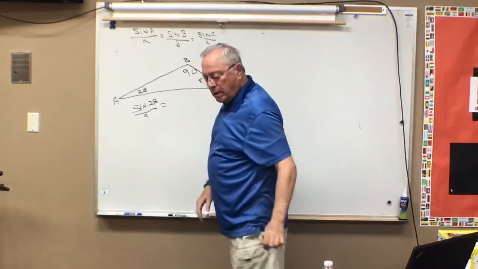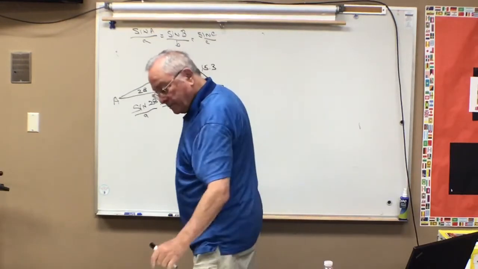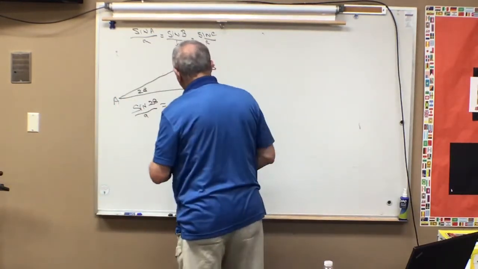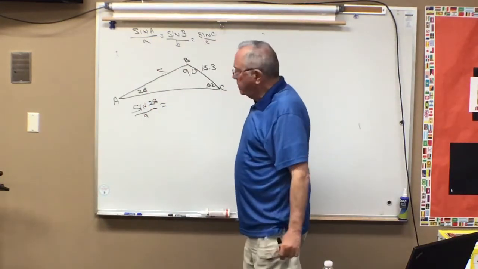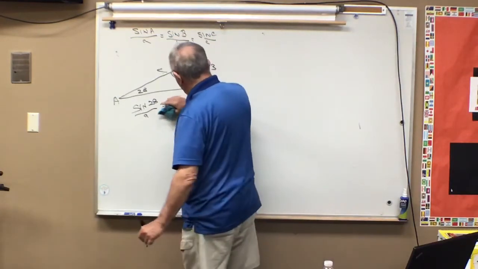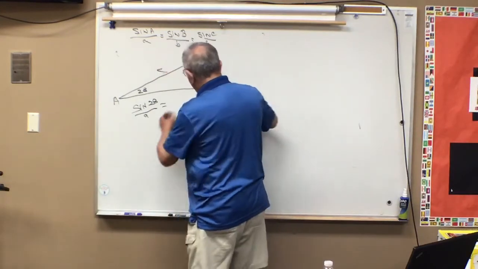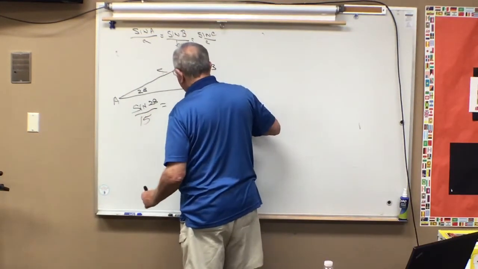And then they want you to find side C. Okay? So they want you to find C. But can I use the Pythagorean theorem if I find this? So I'm going to say that sine 28, right, over what? 15? Correct?